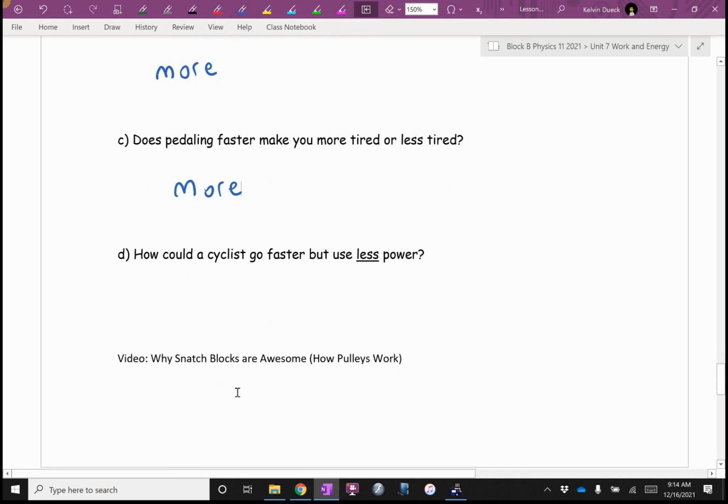How could a cyclist go faster but use less power? Well, we said power equals force times speed. What force is that?